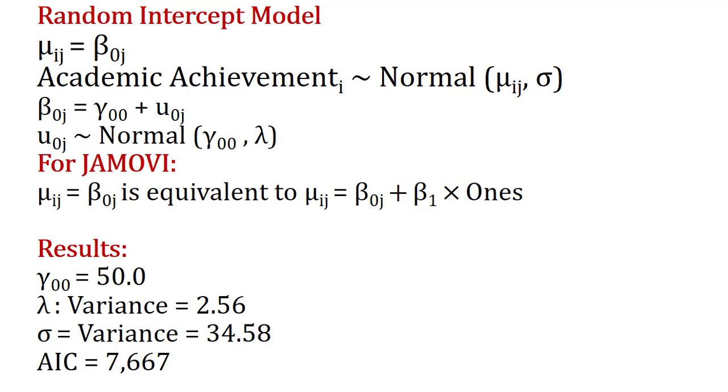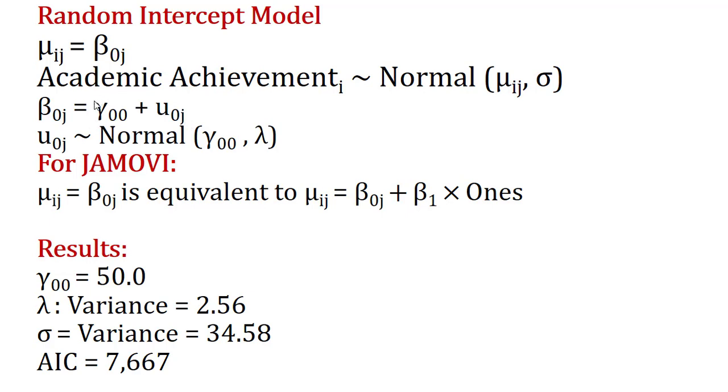And for Jamovi, we have to make the same trick as before. We use the variable ones, and now for the parameter beta 0, we've got 4 instead of 1. But importantly, we never report the betas and the u's here, because that would be reporting that we are estimating a lot of parameters.